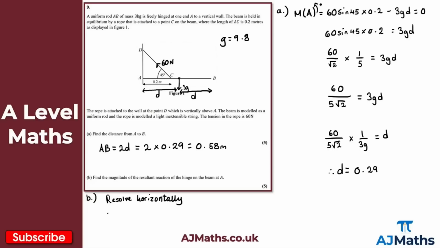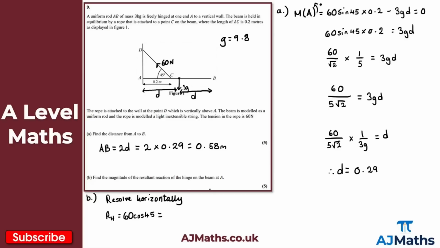In this case, I'll call it RH, for example. This would then be the tension, 60 cosine 45 this time, so 60 cos 45. That's all we get resolving horizontally.